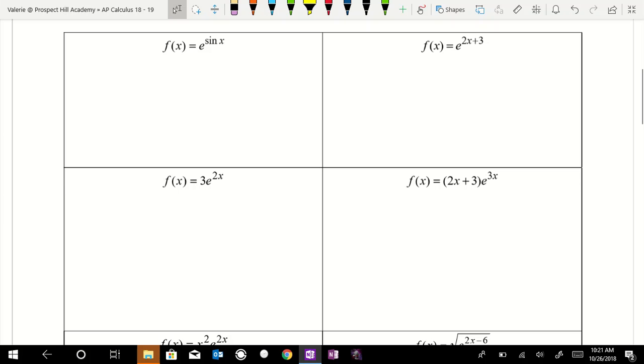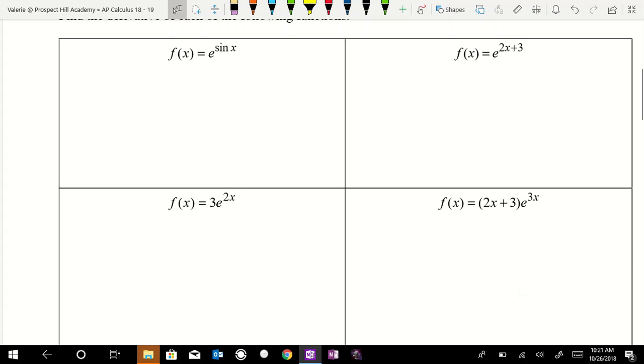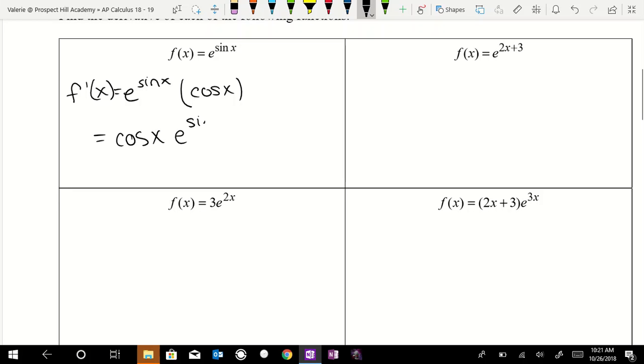Okay, so e to the sine of x will be equal to, find the derivative, e to the sine of x, so I'm repeating it, and then times the derivative of sine x. So we have cosine x e to the sine x as our final answer for the derivative.